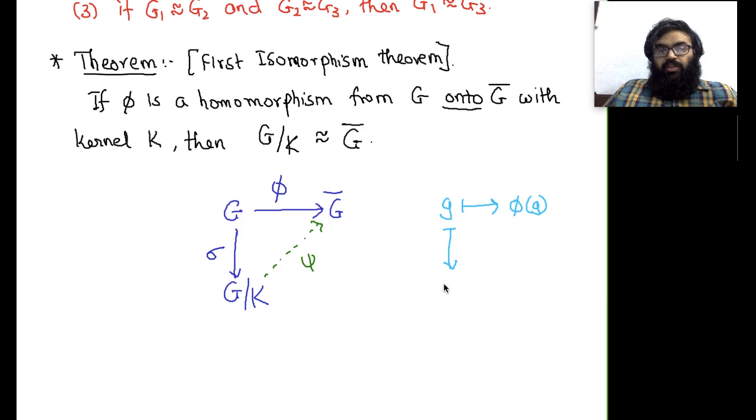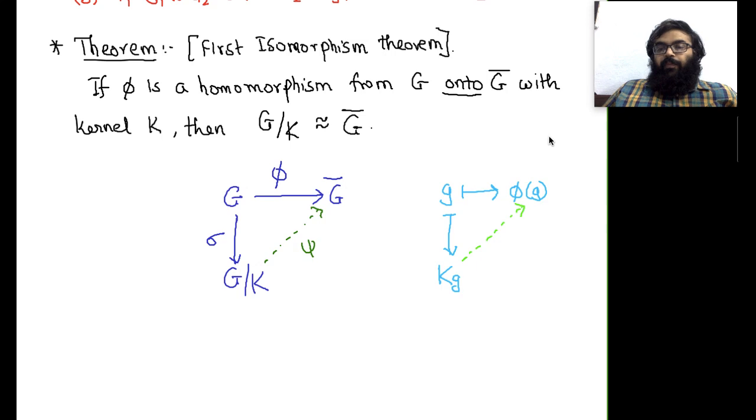So this is G and G quotient K. So it is the right coset Kg. So we must have a homomorphism which maps Kg to something. This is the hint which we get from this idea: how do we define the homomorphism?